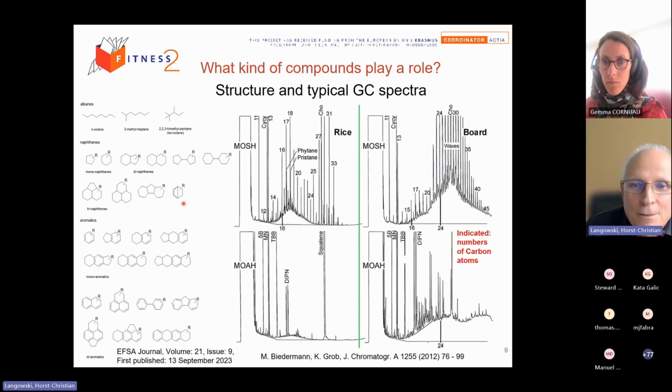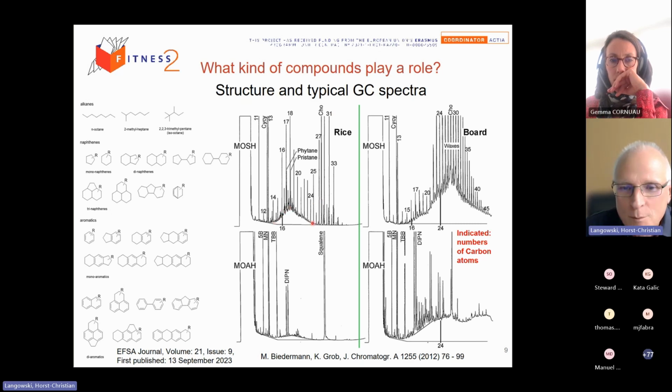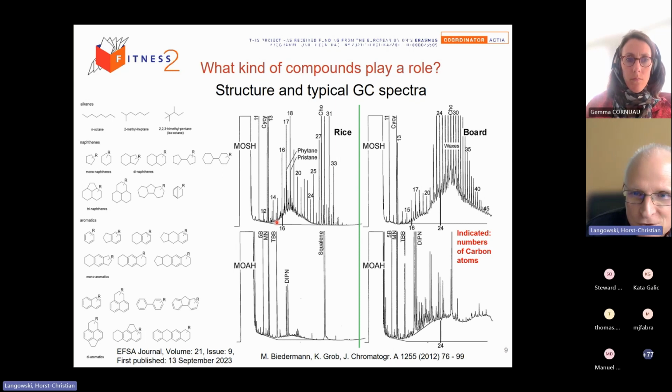Some spectra to show the problems we have to identify and even measure them. This is a GC spectrum with some distinct substances and a big so-called hump, which is a mixture of all the other, smaller amounts of different substances of this group.